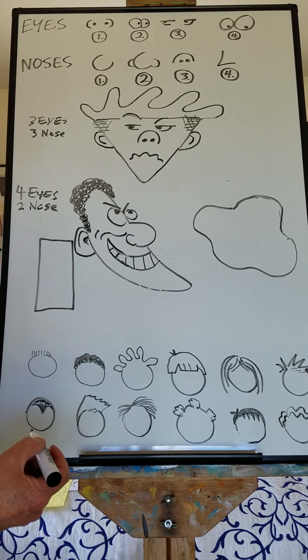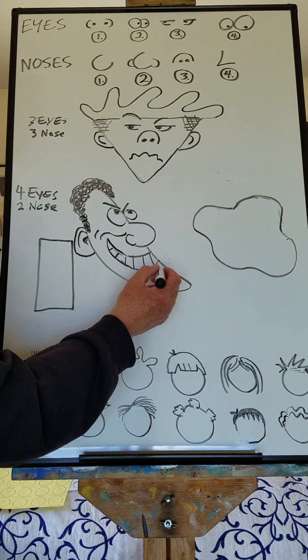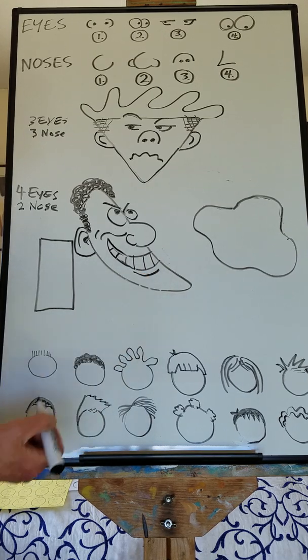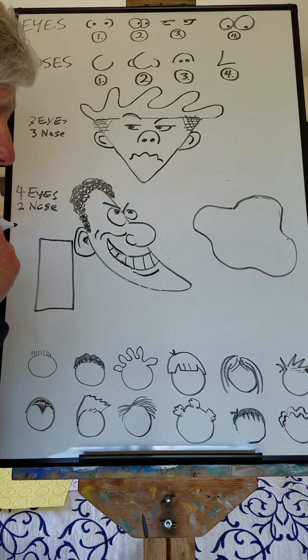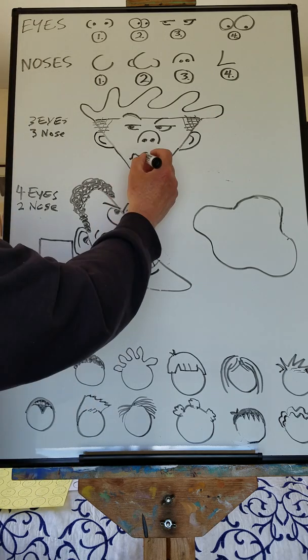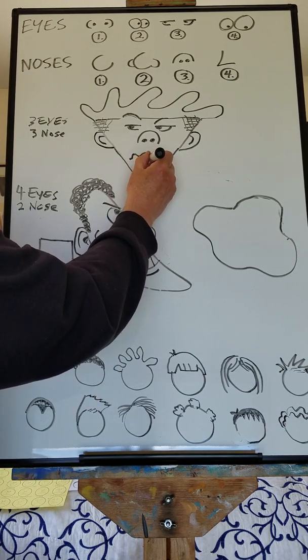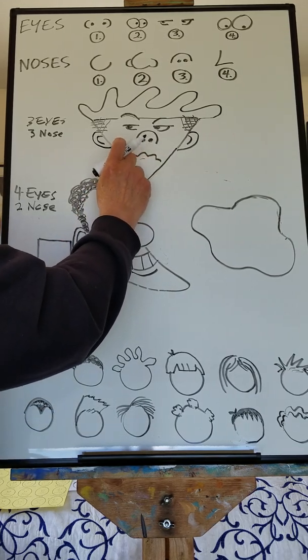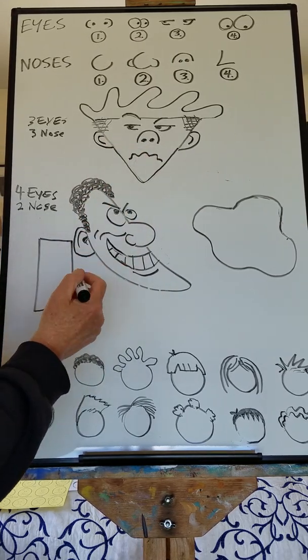That's our character. If you want to increase or accentuate the mouth a little bit, you can put a line underneath, and that makes it look like the lower lip right there. We could do that on this one too, but it's pretty crowded, and I don't think it needs it when you have something like that.